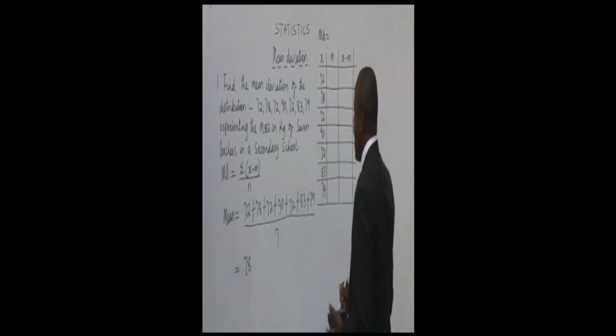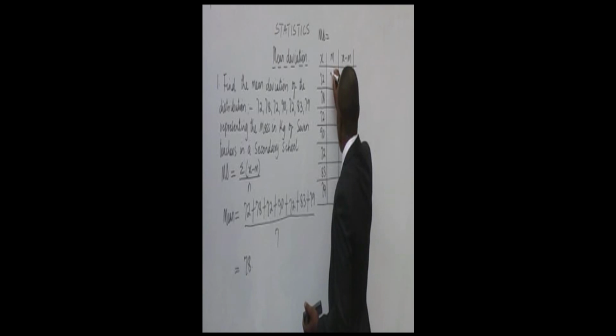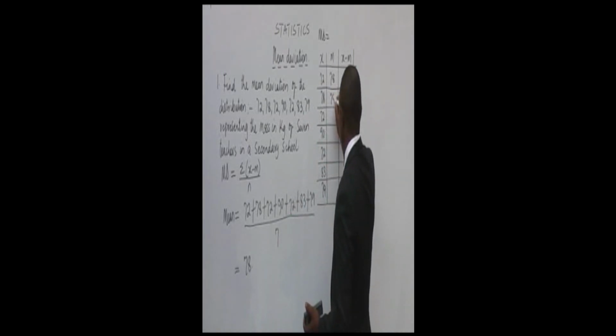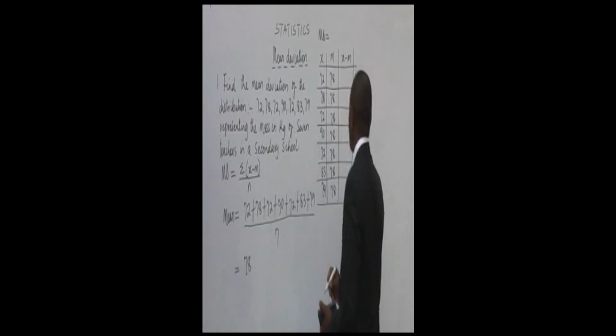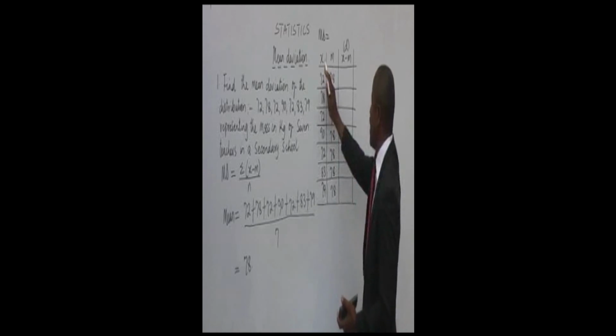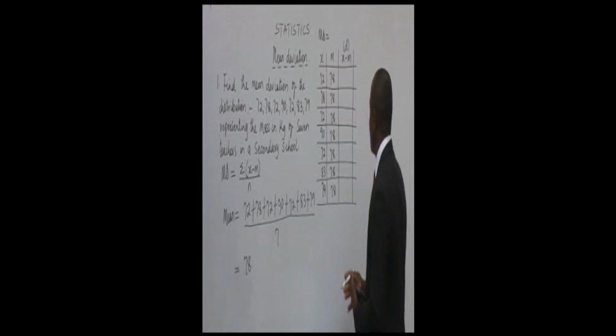Okay, then our mean, we calculated our mean to be 78. So write down 78 in all the columns under mean. They are the same thing in all the columns. Now our deviation, remember that this is deviation. X minus m. The numbers minus the mean will give you the deviation.